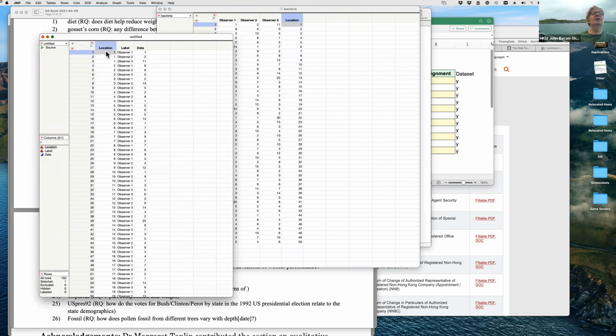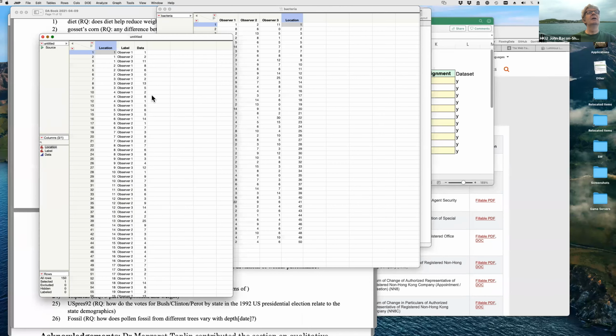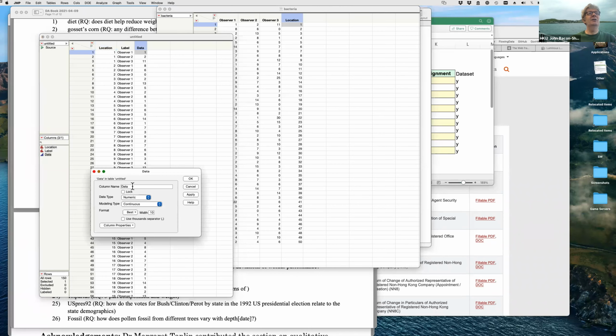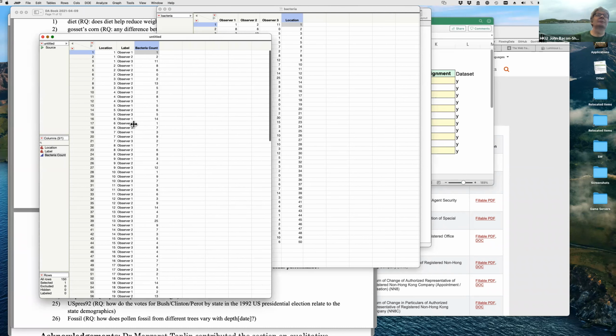Each of these is a count. I should change the column name from data to count. In fact, I'm going to call it bacteria count to remind me what this is. So I have 150 bacteria counts at 50 locations and for 3 different observers.